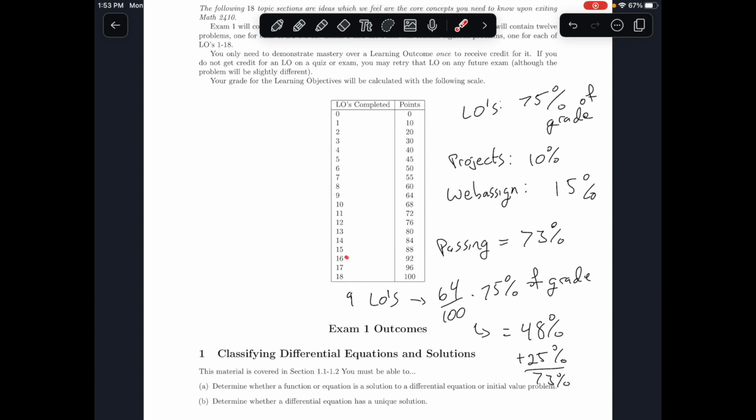It would probably be somewhere in the 15 to 18 range, right? Maybe if you got a 16, that would give you a 90% for your learning outcomes grade. Certainly that would probably put you in an A range. I think probably a 15 would also give you an A.